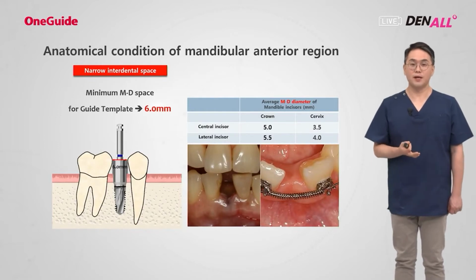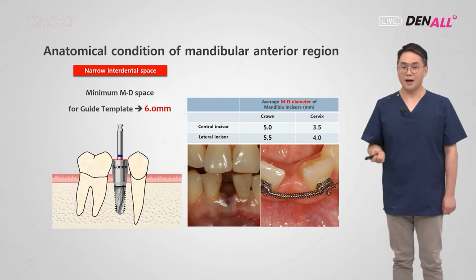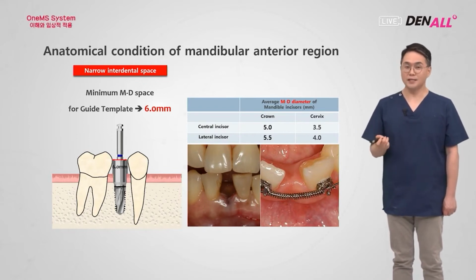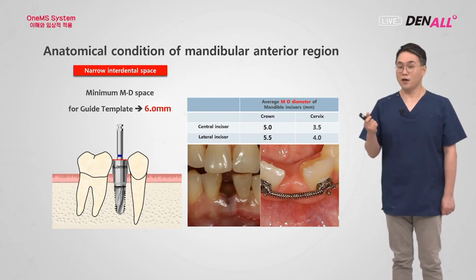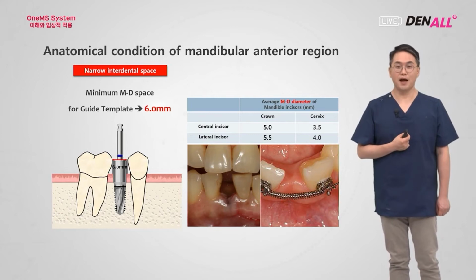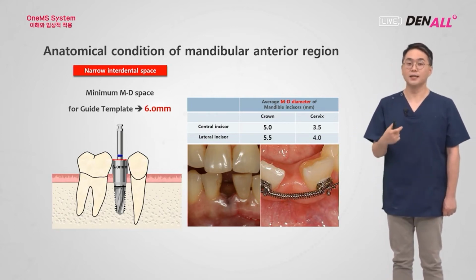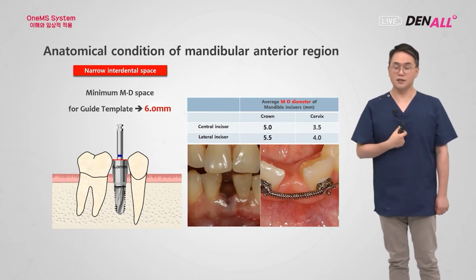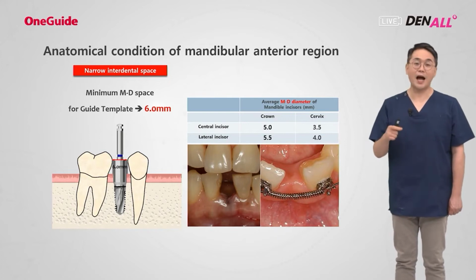Then, you might think using the OneGuide kit is possible, but if you look at the OneGuide kit, the OneGuide drill stopper diameter is 6.0. But as you can see in the photo, if the mesial-distal distance is less than 6, what to do? You cannot use the OneGuide kit, because for the OneGuide drill to drill in full depth, the mesial-distal distance needs to be at least 6.0.